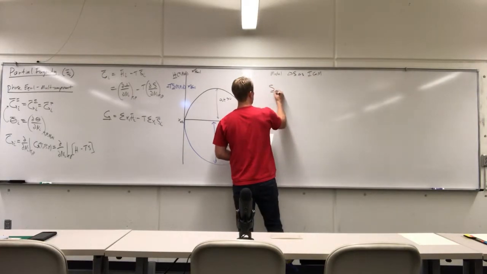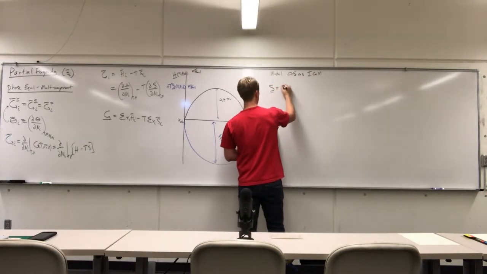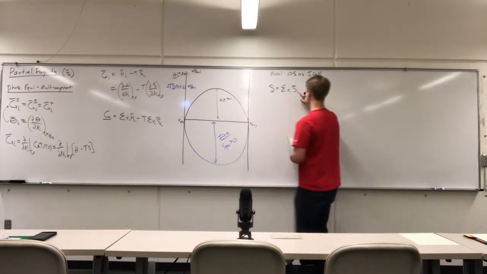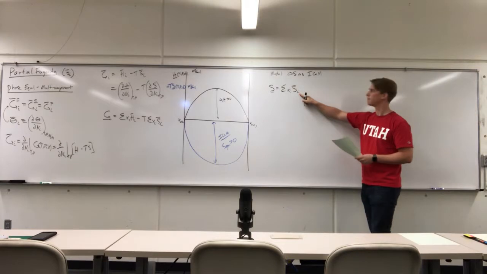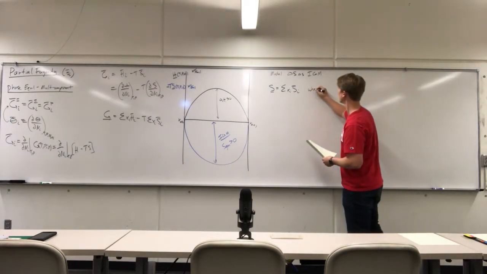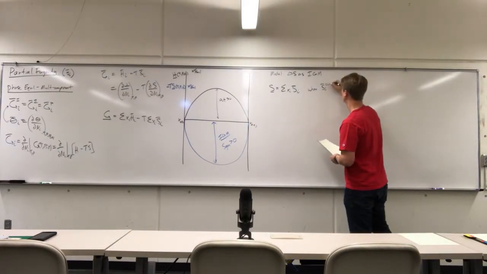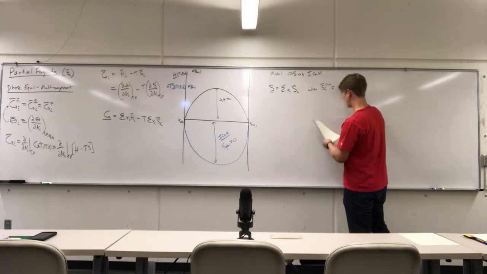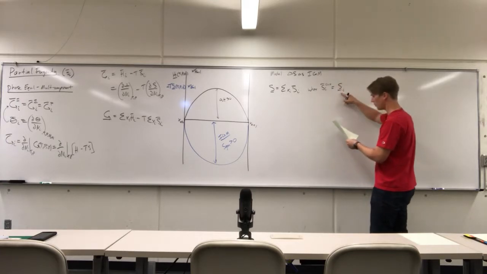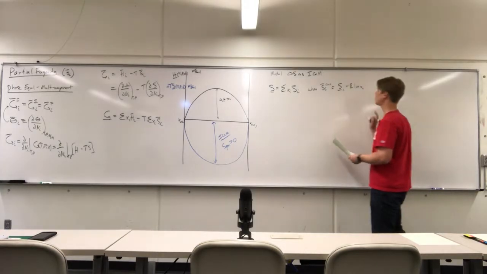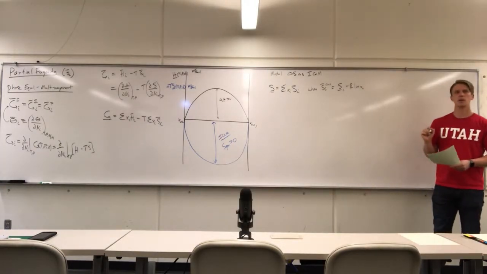So the entropy of the system, by definition, is the mole fractions multiplied by the partial molar properties, where for an ideal gas mixture this is simply equal to the entropy of the pure component minus the contribution that we derived this week for the ideal gas mixture.